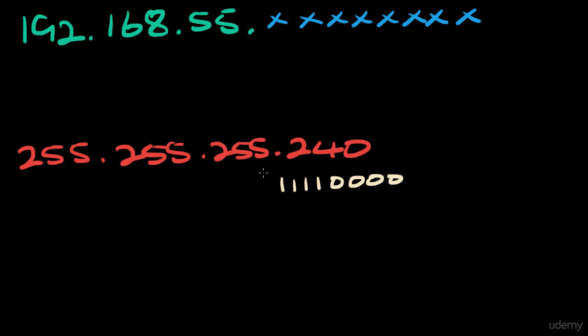So when we take this subnet mask and we superimpose it on this IP address, 255.255.255 is covering the first 3 octets. This 240 is covering these 4 bits of the last octet, and the last 4 bits are being left over for host ID. The subnet bits are therefore these 4 bits.